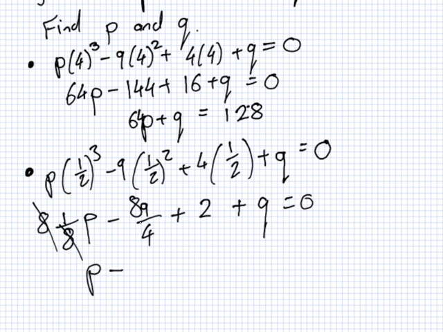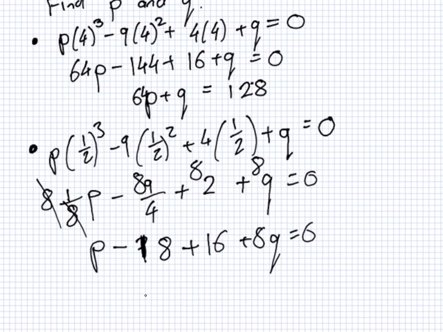I put in 8 here and I get 2 times 9, so that would be 18. 8 times 2, 16. 8 times q, 8q. So now I get p plus 8q, and 16 minus 18 is minus 2, equals 0? Yes or no? Did people leave them with fractions or did you simplify it?